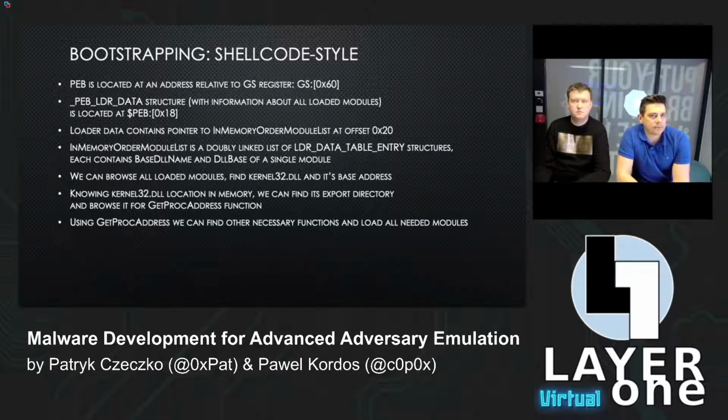So the algorithm for this is to locate the process environment block, and this is as simple as referencing the FS or GS register for 32 or 64-bit architecture respectively. And then there is this loader data structure in memory in the process environment block, which contains information about all loaded modules, either executable or DLLs.